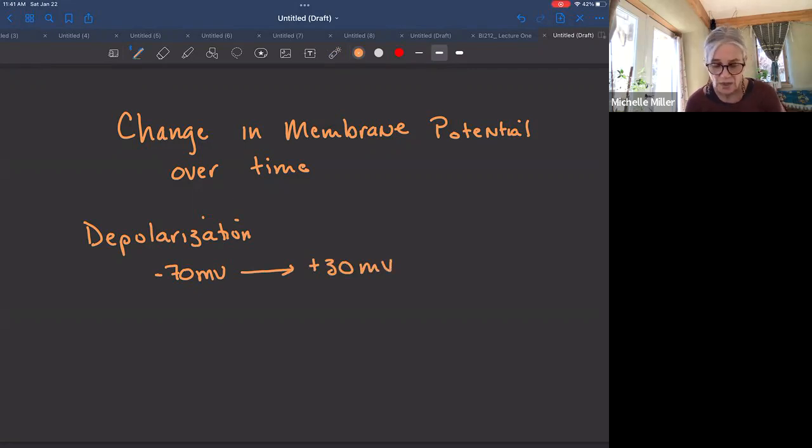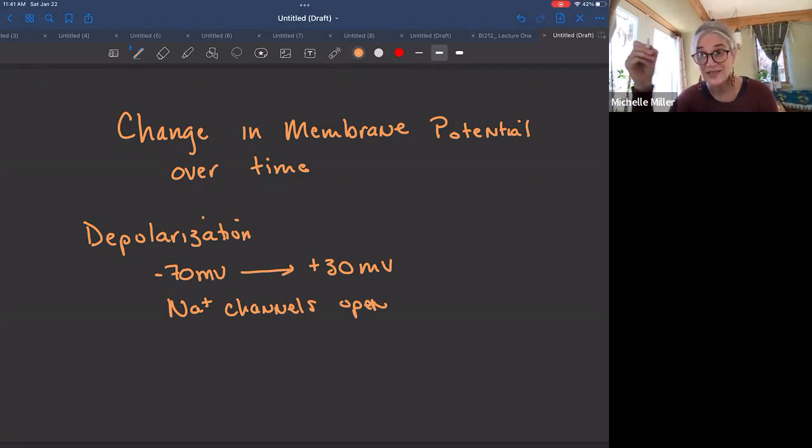This is due to sodium ion channels open. Now, sodium is normally much more concentrated outside the cell, and so when they open, sodium floods in and it brings its positive charge with it. So sodium ions move in.